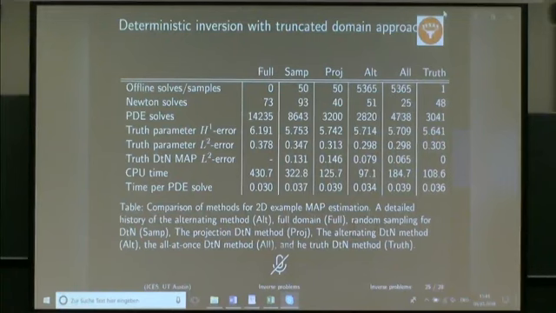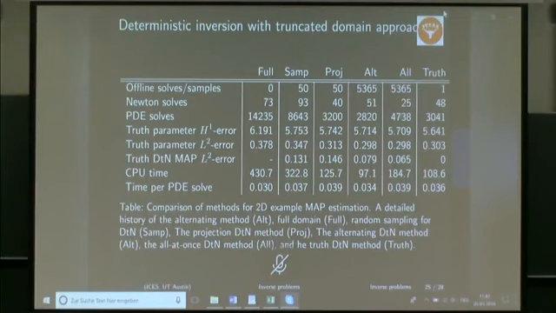Okay, the projection, which is the fourth column, is a way to use the POD to replace the domain, the omega D, the truncated domain, by a POD approach, and this is a domain decomposition. The middle part, the ALT, is the alternating approach, where we solve an optimization for the parameters separately, assuming we have the coefficients of the PODs, and then we solve for the parameters in the well-informed domain, and then we keep those parameters fixed when we solve for the POD coefficients, and we do this in alternating manner until things converge.